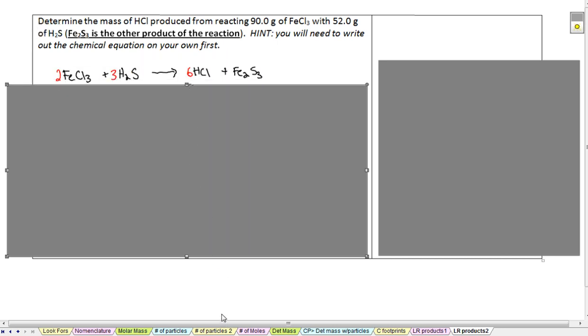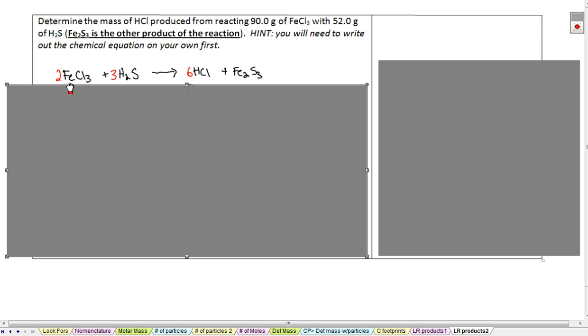And so I'll pull back the curtain a little bit there. My balanced equation is we've got our iron 3 chloride and our dihydrogen sulfide making hydrochloric acid and iron 3 sulfide. And I now have to go and balance everything.